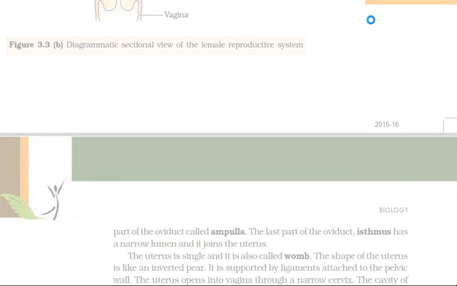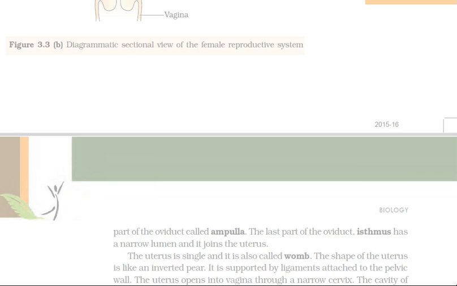Here, in the male, it is termed as spermatogenesis. So the process of the formation of sperms is known as spermatogenesis, and the process of the formation of female gamete or eggs is termed as oogenesis.